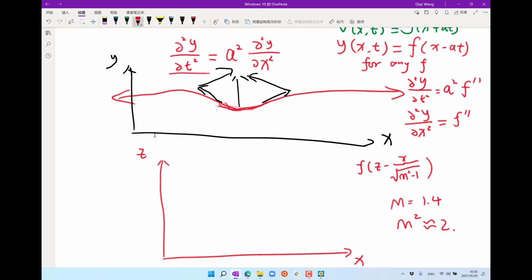So what does f of z minus x look like in this xz plot? How does the contour of pressure look like when we have a solution like this? Right, contour means like in the xz space we have a fixed value of p.